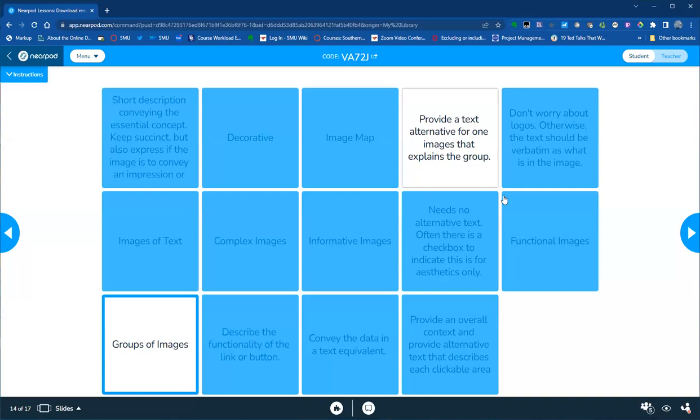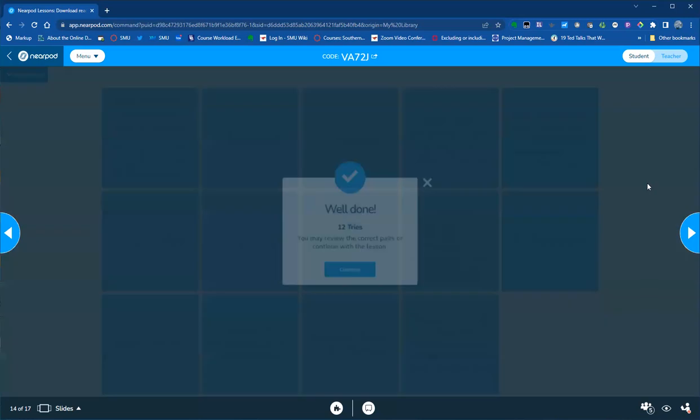And providing the alt text for all of the little images makes it so that we're not really getting the essence of what those little images are supposed to be containing. If possible, turning those little ones into one big one, or trying to find a way to provide a text alternative that explains what the group of images is supposed to be doing on that page is really important.